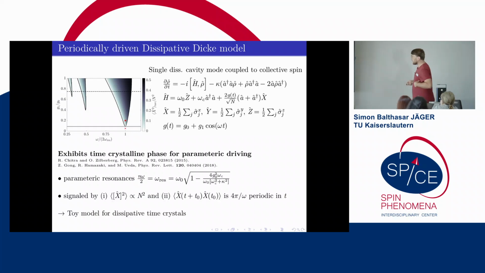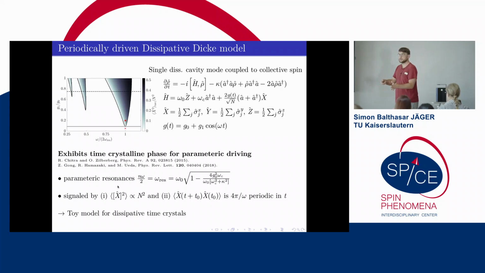Yeah? And these time crystalline phases are now, I think, quite easy to understand. First of all, they are superradiant, so you have a lot of excitations in the system. So you have this x squared, large x squared. And second, you have a subharmonic response. And you might now expect that you can have a subharmonic response because you always excite pairs. That means the underlying matter will basically resonate with the omega res. But omega res, for the first resonance, n equal to 1, is just omega over 2.